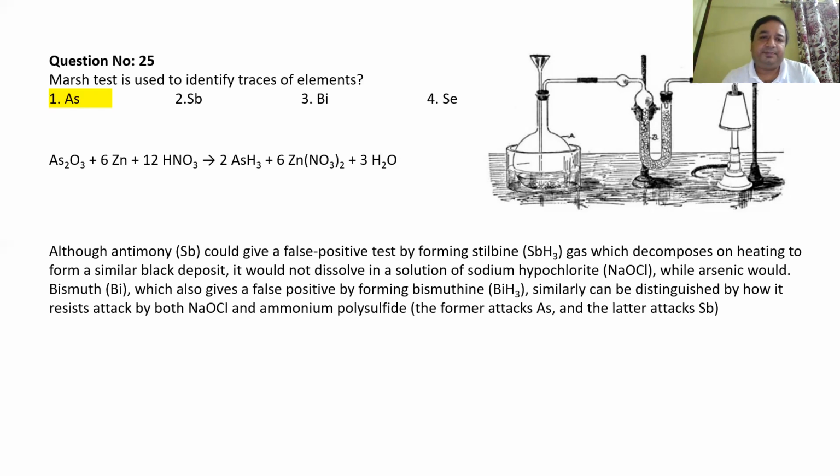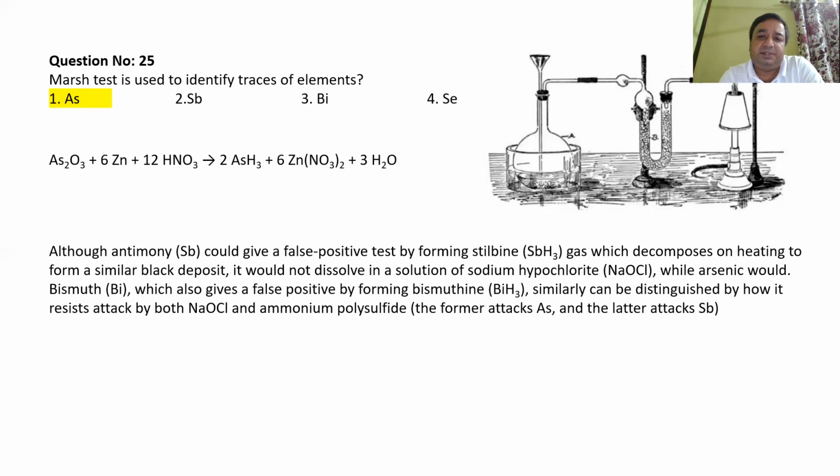And how he did that, to distinguish between Sb and As, he treated both, okay, the materials that formed after burning the gas with sodium hypochlorite, okay. And what he found out was that if it is arsenic, okay, it will be attacked by sodium hypochlorite, okay.